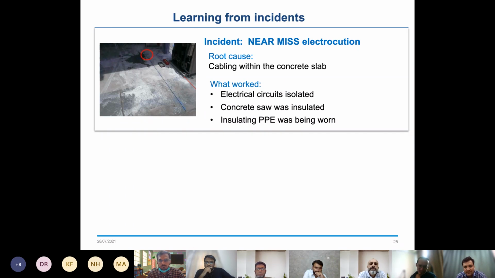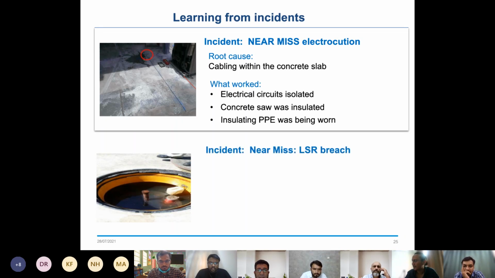The electrical circuit was isolated. First of all, he did the isolation, the LOTOTO. And the concrete saw equipment itself, as you already said just now, is actually insulated. There were no damages, he was not using substandard equipment, and he was also using the right PPE, which is gloves and safety shoes or safety boots, which helped him not to get electrocuted. All right.